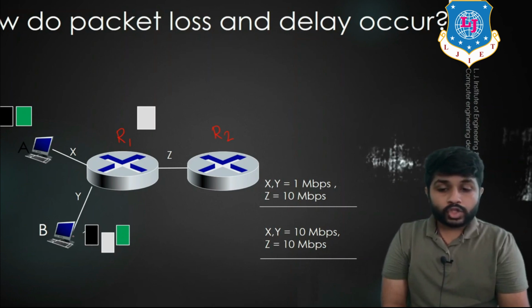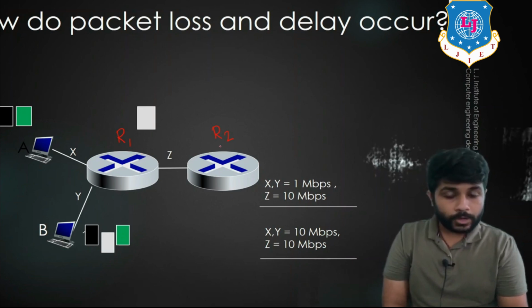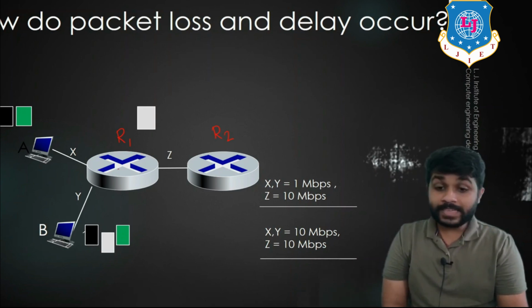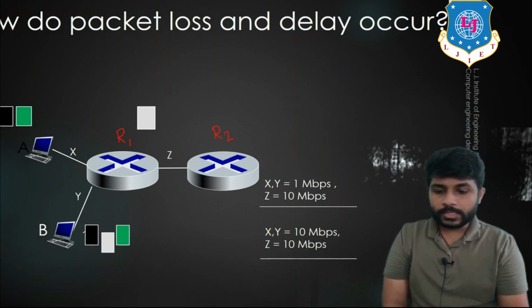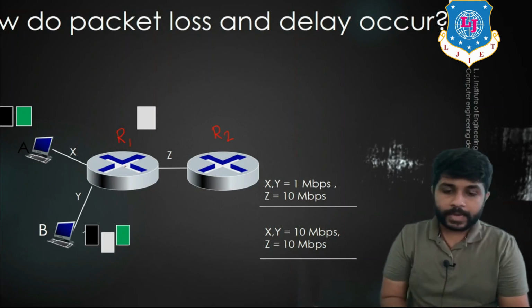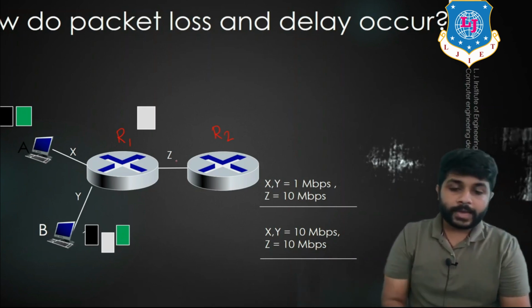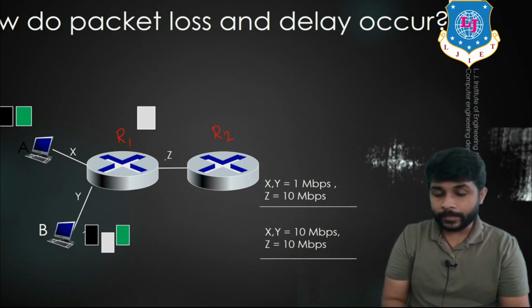So B will transfer data at 10 Mbps to R1, and R1 can also forward that data to R2 at 10 Mbps. In the second case, R1 is not going to face any issue. R1 will easily receive data from B, analyze the packet, and forward it to the next router at a very high rate.